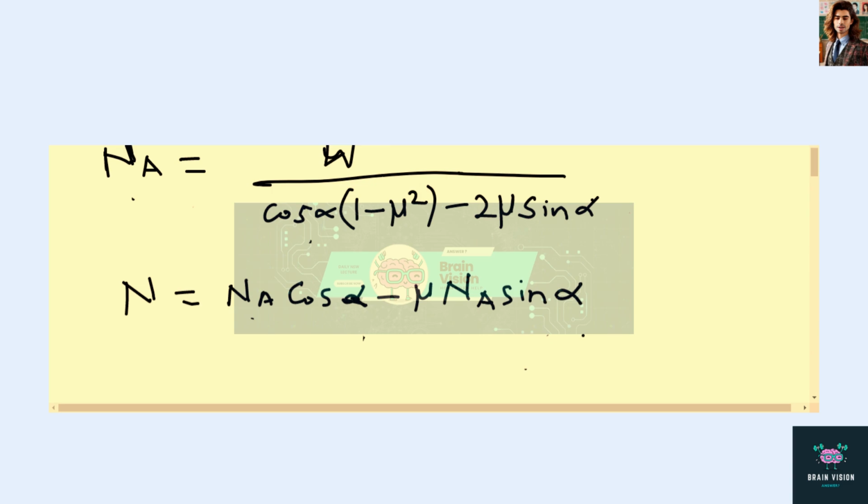So all we need to do, we know what NA is. So plug NA into this equation. When we do that, we are going to arrive at NC. Make NA the subject of the formula there, collect like terms NA.